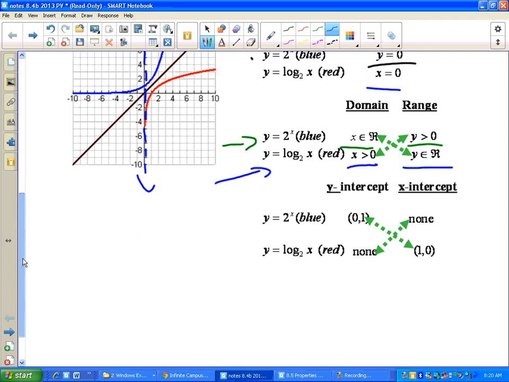Y-intercepts, x-intercepts. The y-intercept was always something key. Anything to the 0 power was always 1. But when I'm dealing with logs, anything with an argument of 1 will always be 0.